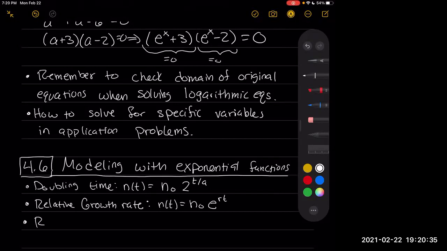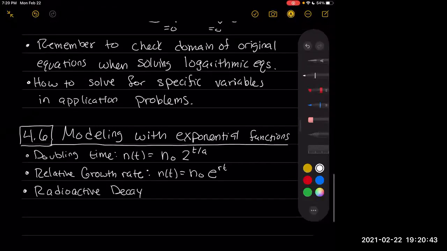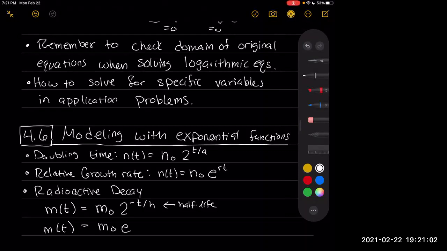And then we learned about radioactive decay, and there were two equations with this. We had m of t equals m naught 2 to the negative t over h, where h is the half-life. And then we had m of t equals m naught e to the negative rt, and it's negative because we're having decay, so everything is getting smaller, where r is the natural log of 2 over the half-life.